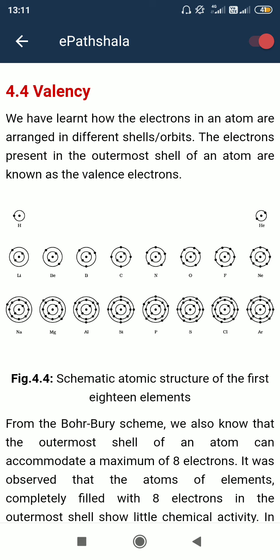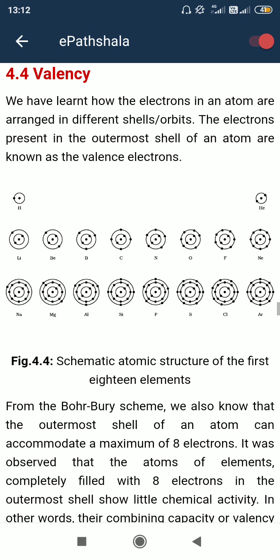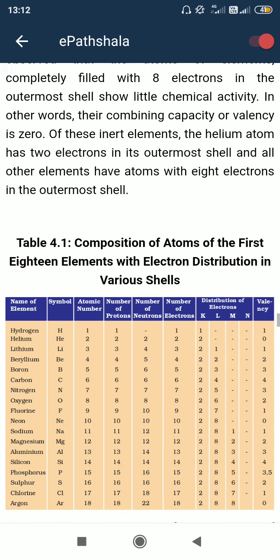Some atoms we know, like helium, neon, argon, are said to be inactive because of this octet rule. It means the outer shell is fully filled up, maybe with 8 or 18, that's why.